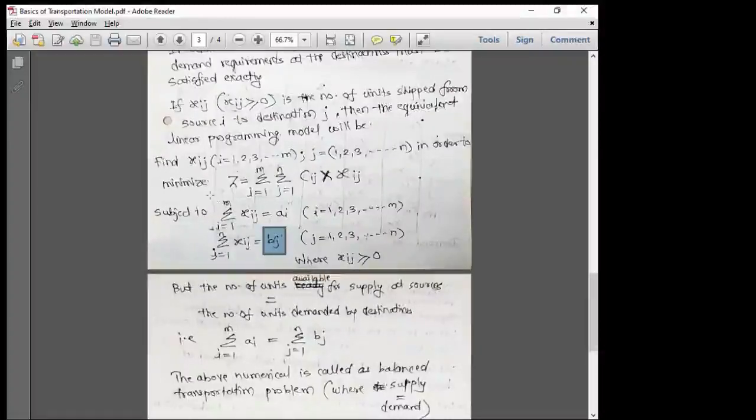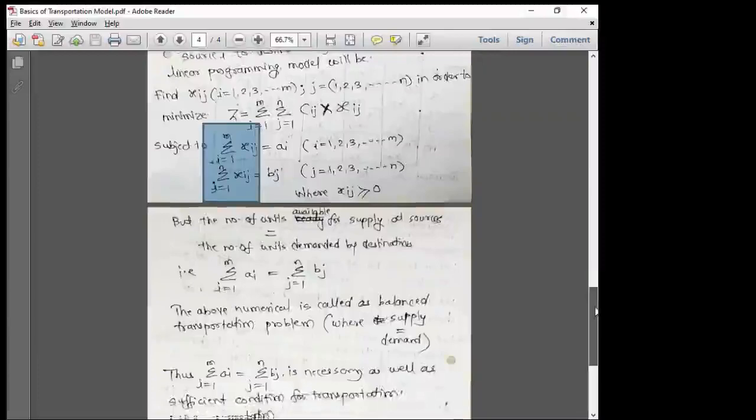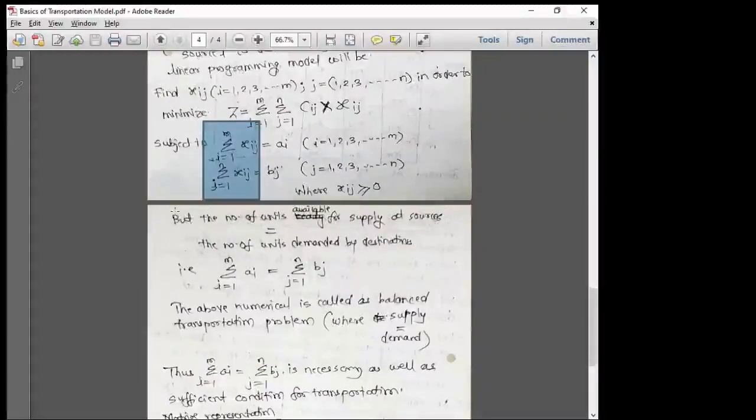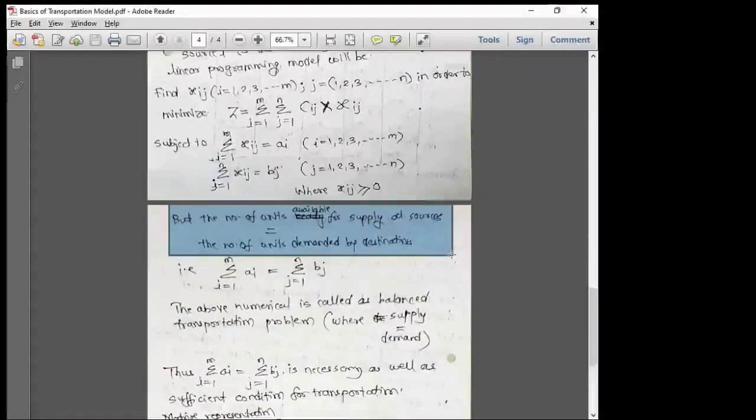Now, if I cancel this xij, xij, I can cancel them because they represent the same quantity, that is the total number of units supplied. So the number of units available from the supply sources is equal to the number of units demanded by the destination.